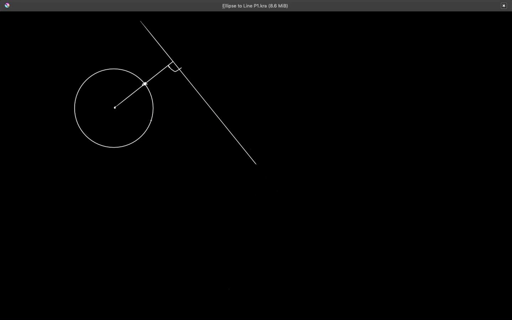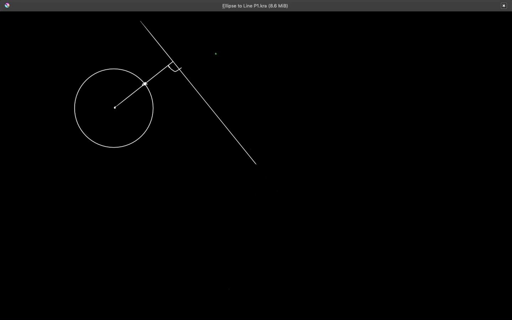That's the question. The way we would go about doing that is we would translate both the circle and the line to the origin, such that the center of the circle coincides with the origin. Then we're going to perform a rotation about the origin, which is not going to affect the circle because a circle is rotationally symmetric, but rather it's going to change the orientation of the line so that the line becomes vertical.